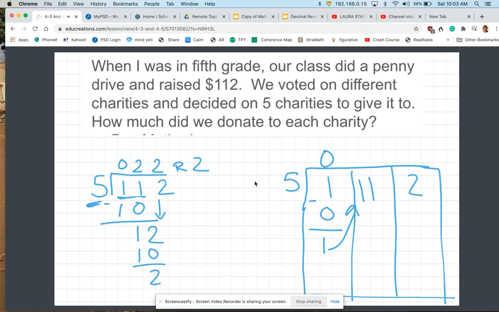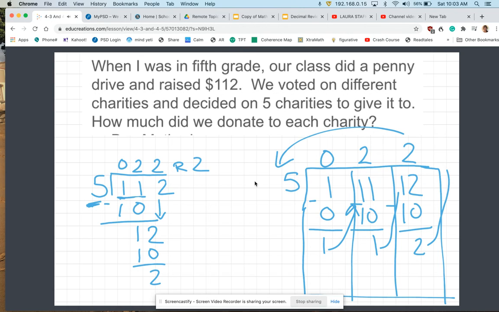How many times can 5 go into 11? 2 times 5 is 10. Subtract, bring up. How many times can 5 go into 12? 2 times 5 is 10. Subtract, and I've got a remainder of 2. So we donated $22 to 5 charities. 2 of the charities got $23.